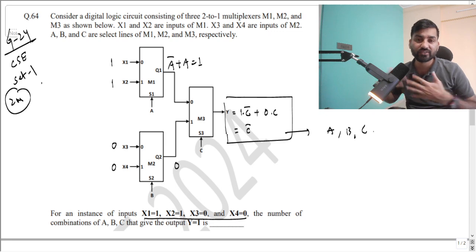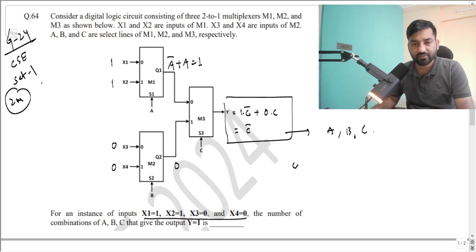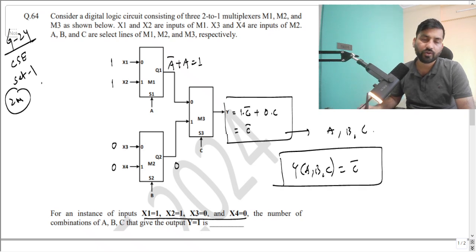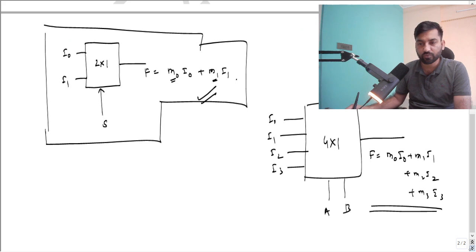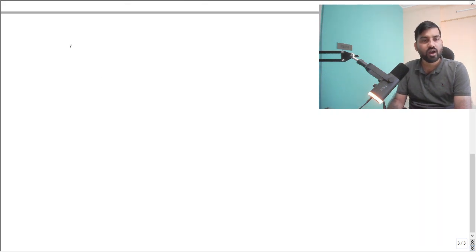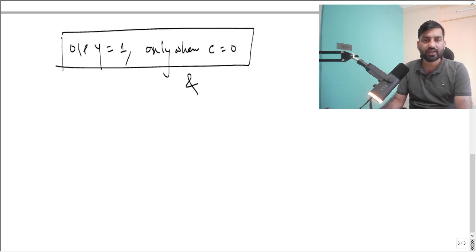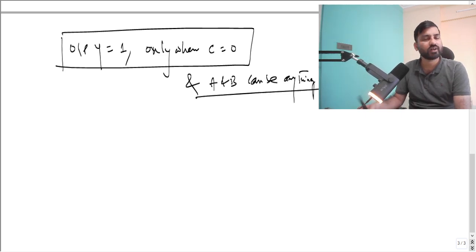Here you can say that output is basically a function of only C, right? So this will be 4 times 0. Remember that output y is going to be 1 only when C equals 0, and A and B can be anything, it can be 0, it can be 1, whatever.